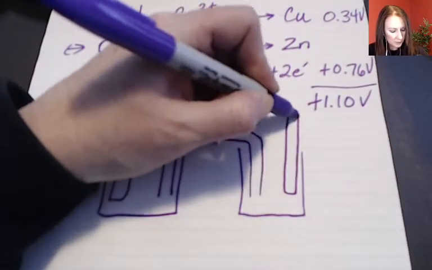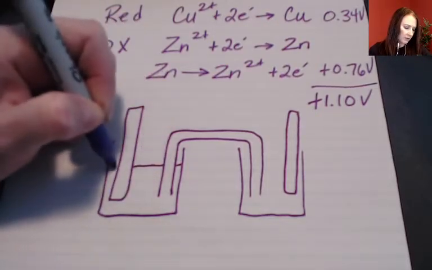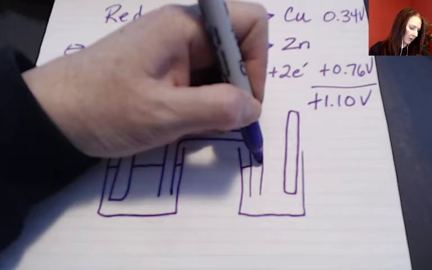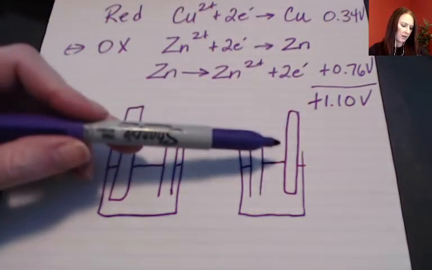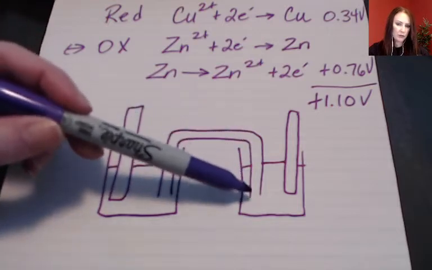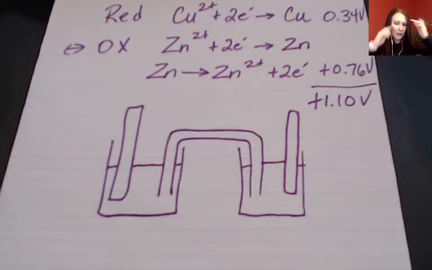So two beakers, I've got a solution inside each one. I've got a metal electrode on each side, and then I've got this curved sort of bridge connecting the two pieces.